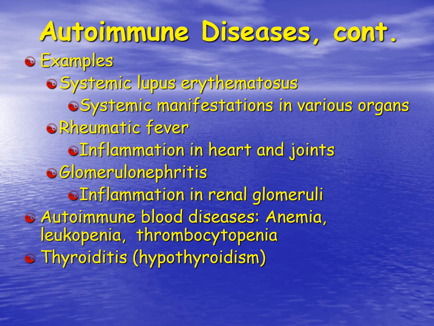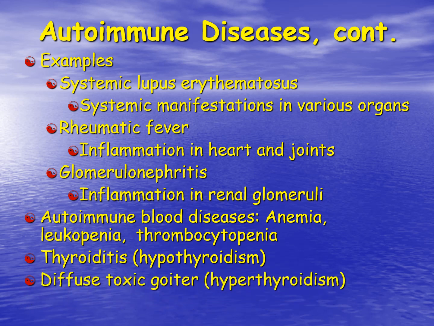And those are the cells that produce thyroxine and triiodothyronine, T4 and T3 respectively. We also will see a diffuse toxic goiter autoimmune disease, and this is known as Graves' disease. And I'll talk a little bit more about Graves' disease in just a moment.